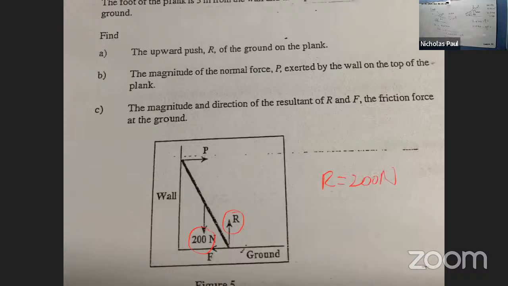That's enough. Now, how are we getting the magnitude of the normal force P? We just take out R, right? How are we getting that?